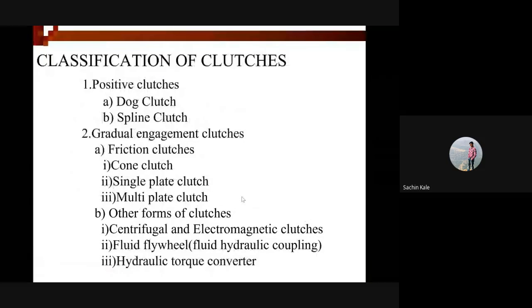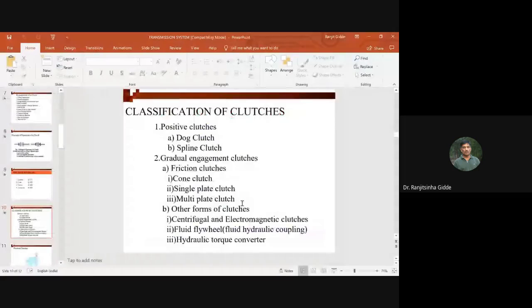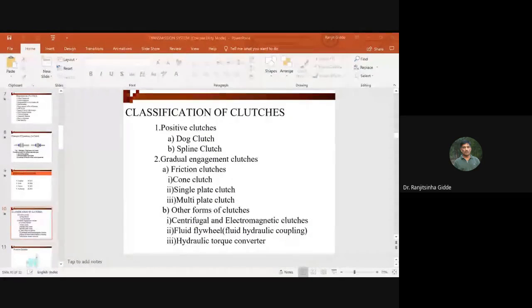Yes, sir. Kale sir, I want one help. How to start recording? That I am not knowing. Today I am using a laptop. Okay, wait one minute. Here is the present screen option.